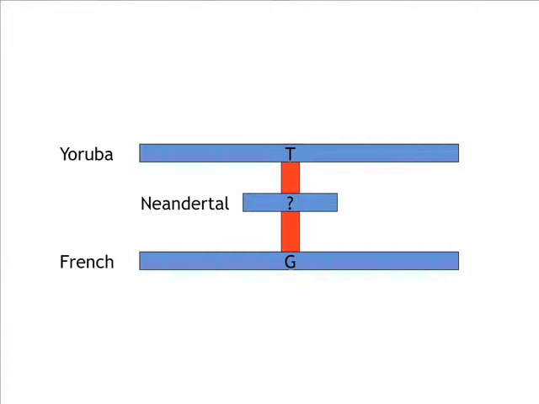Does it match the French guy or the Yoruba? Our simple model that the Neanderthals are no more closely related to one than the other would predict that this would be 50-50. Half the time the Neanderthal would match the French guy, and half the time it would match the Yoruba, and half the time it would match any two that you put into this comparison.